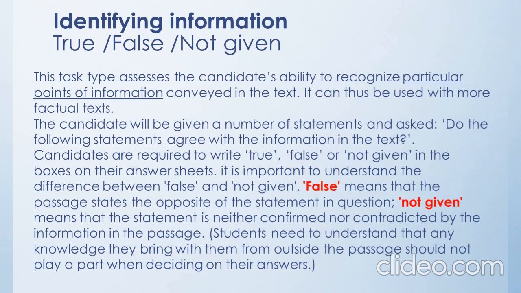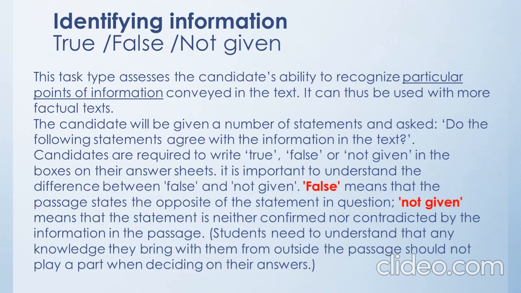Based on your own knowledge. But in the text, there is no such fact that confirms or contradicts the statement about the harmfulness of sugar. So in this case, you need to write not given.